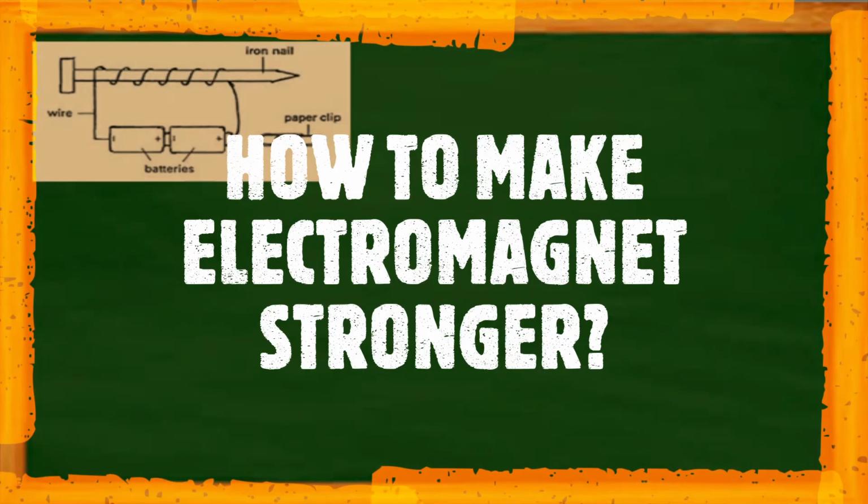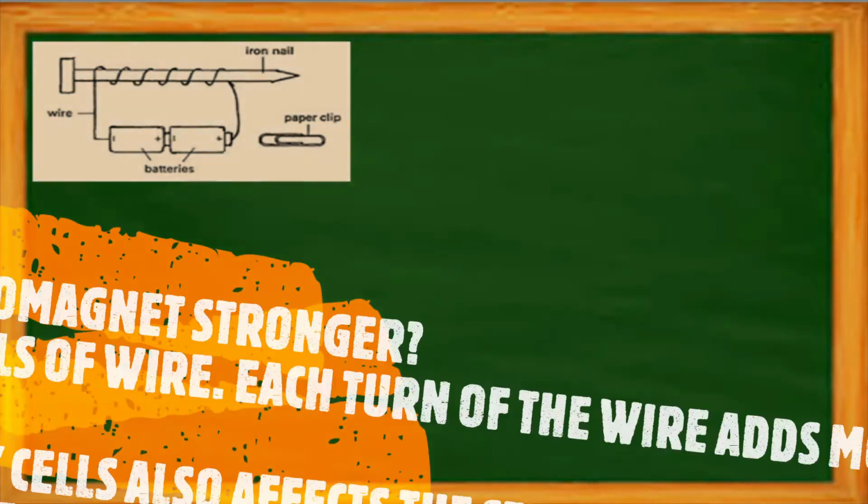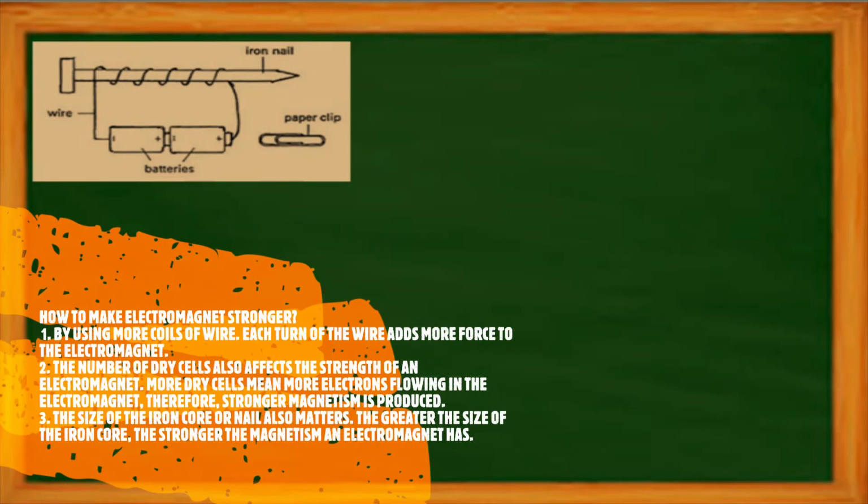So how are we going to make an electromagnet stronger? An electromagnet can be made stronger by using more coils of wire. Each turn of the wire adds more force to the electromagnet. The number of dry cells also affects the strength of an electromagnet.